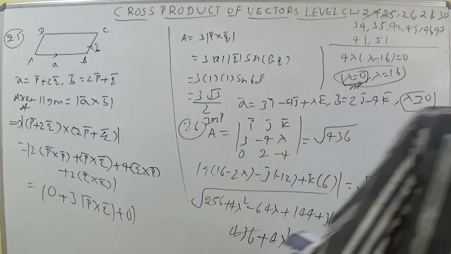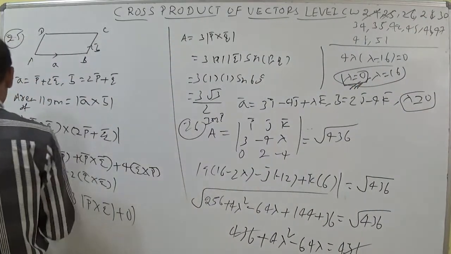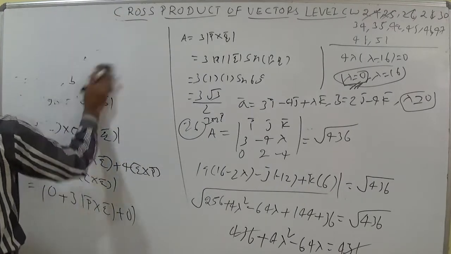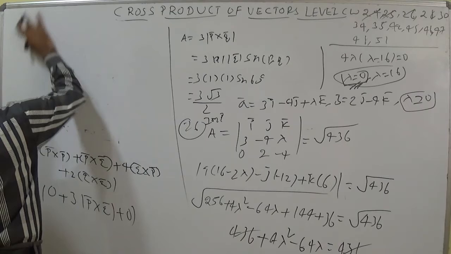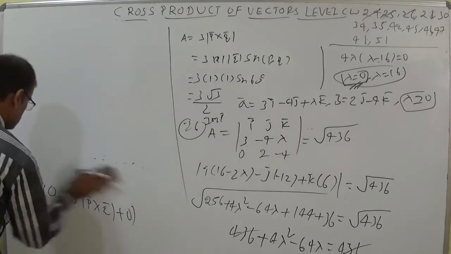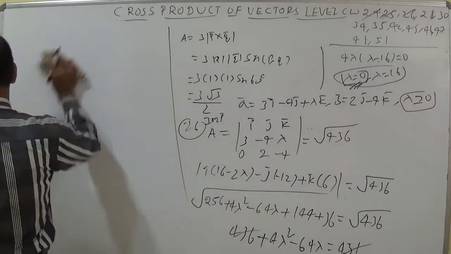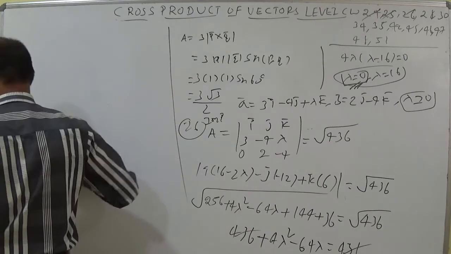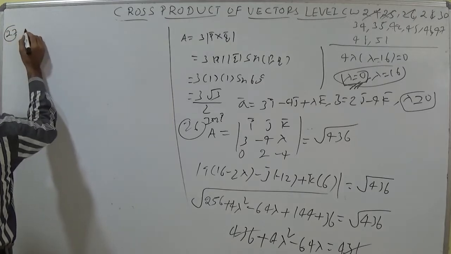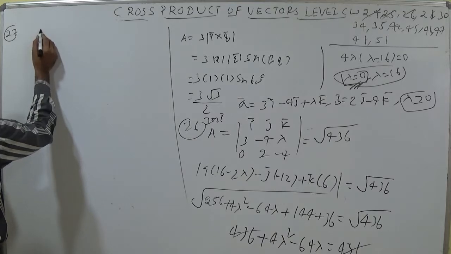Next, let us discuss the 27th question. We can also discuss regarding vector area. In the 27th question, he has given vector area of a quadrilateral. The two vectors given are diagonals of the quadrilateral.